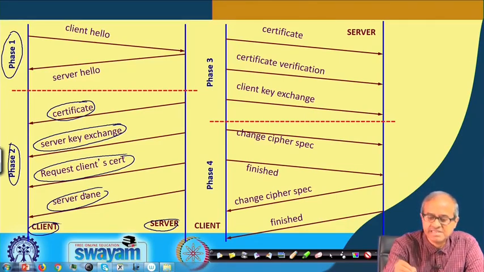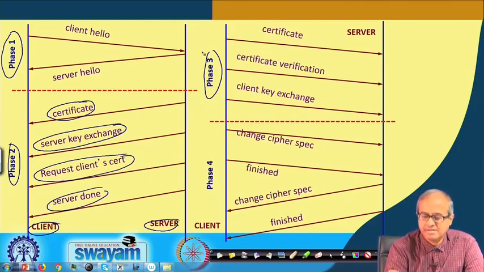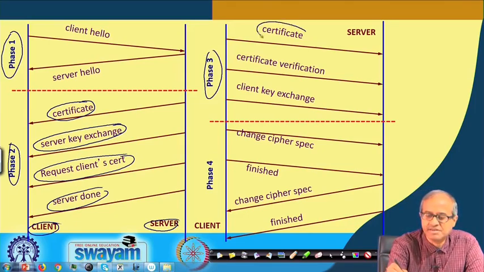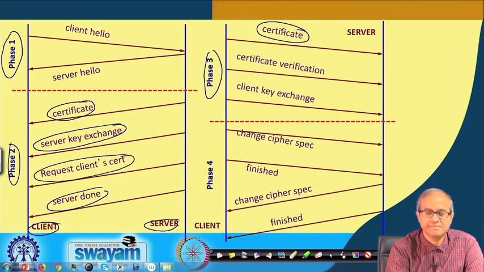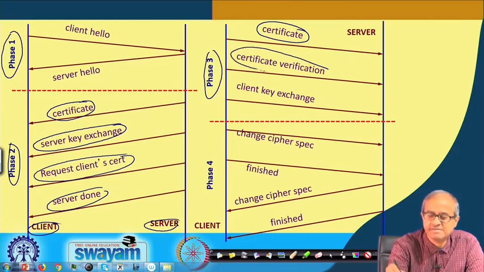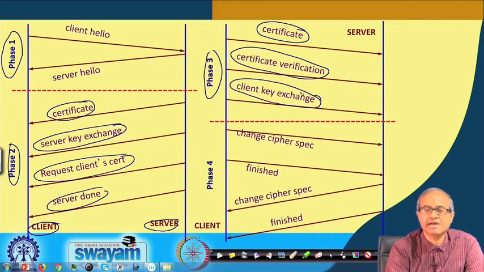So, now in phase 3 it is the responsibility of the client. The client will be sending the certificate first. It will also send that I have verified the server certificate, and client key exchange, some information about the client key, that is, which key to use, right.